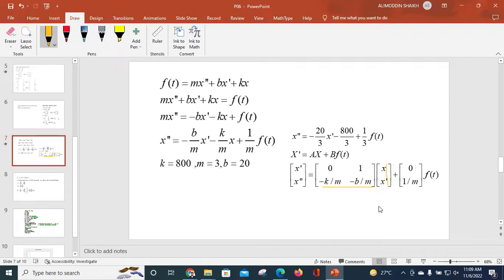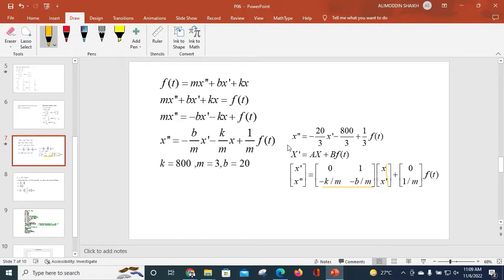If you remember some 12th standard mathematics, matrix multiplication is nothing but multiplication of row into column. Now see here, this is x double dash, and here minus k by m x, and x is there. Hence obviously the first term should be minus k by m, because if you multiply this minus k by m to x, then this term comes.